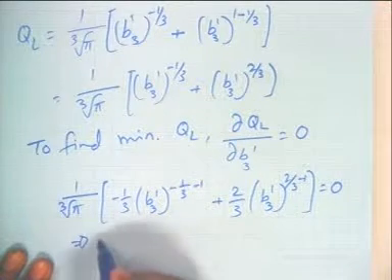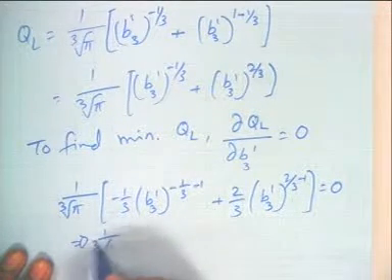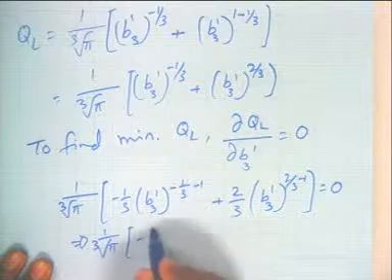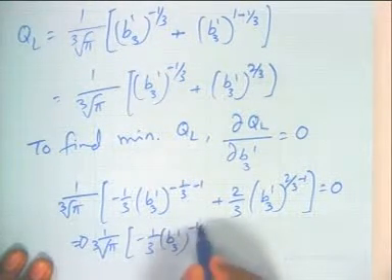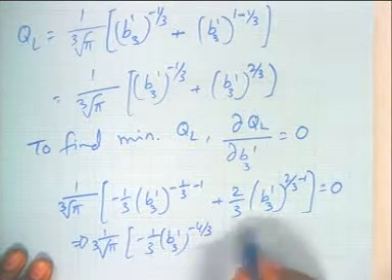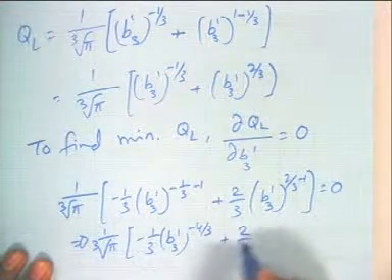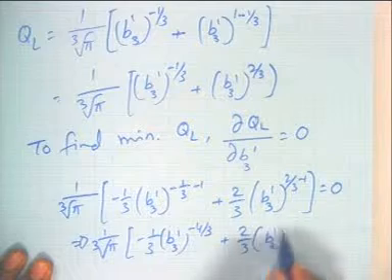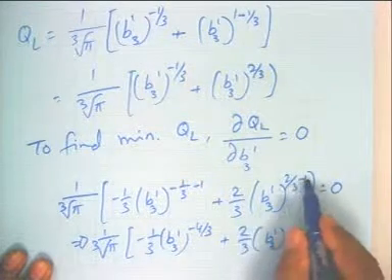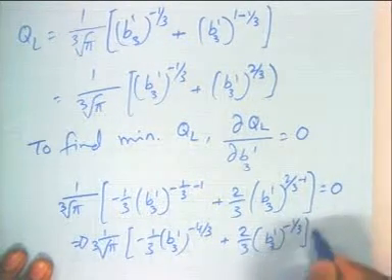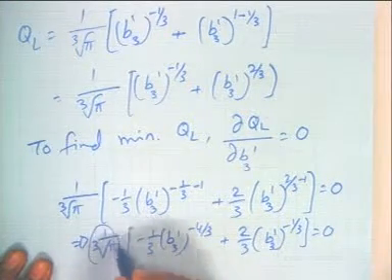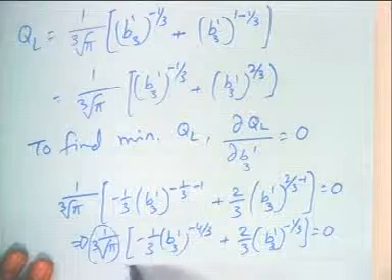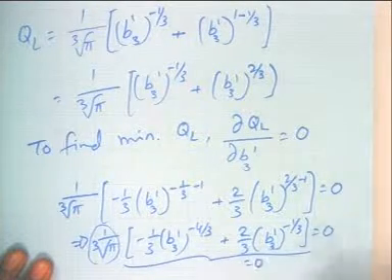So, from here, 1 over cube root of pi times minus 1/3 B3 prime minus 4/3, plus 2/3 B3 prime minus 1/3 equal to 0. Since this is a constant term, this cannot be 0. So, this has to be 0.